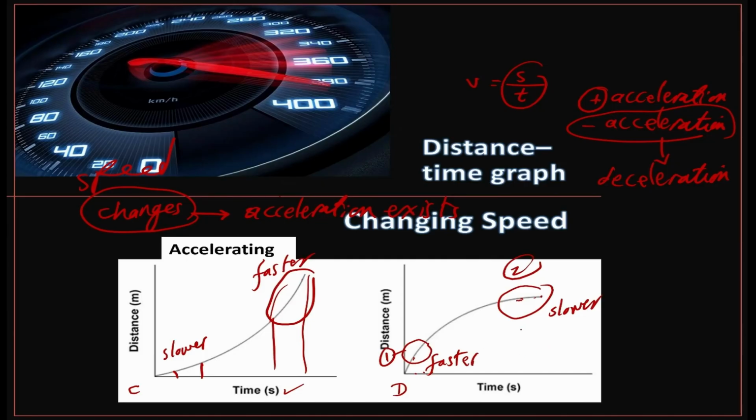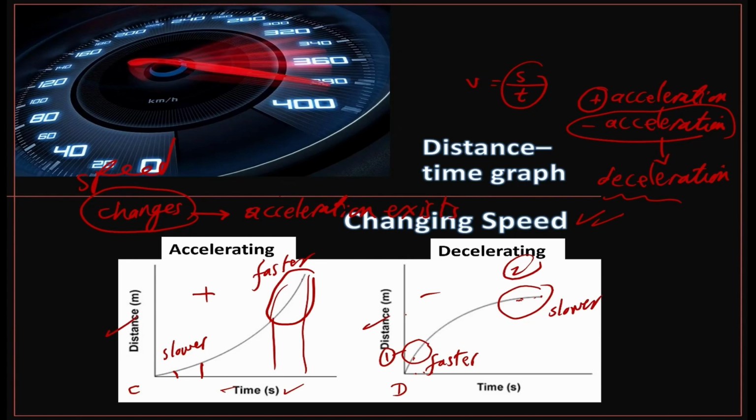The speed decreases, which means the object is decelerating. So if we have a distance-time graph and we have a curved line instead of a straight line, this means we have a changing speed. Changing speed means acceleration. It can be positive acceleration when the object is accelerating, and negative acceleration, or deceleration, when the speed decreases.